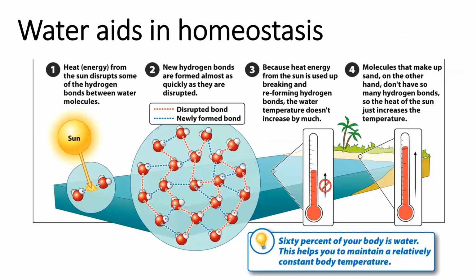All right. Again, water, because of its high specific heat, okay, that means its ability to resist change to temperature, it aids in homeostasis. That is why you are able to maintain an average set core body temperature.